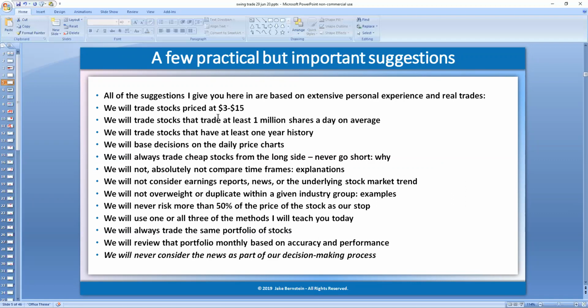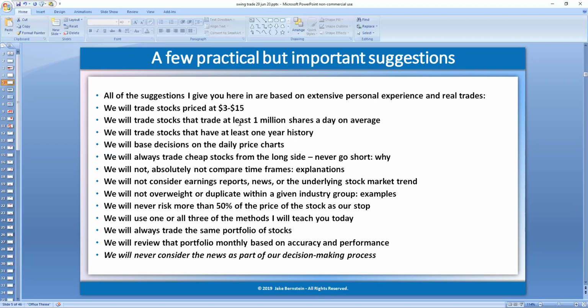We're only going to trade stocks that are actively traded, by which I mean at least 1 million shares a day on average. You can also do it on the basis of valuation, by which I mean take the number of shares outstanding, multiply by the price, and trade stocks within a certain valuation range, whatever you want.